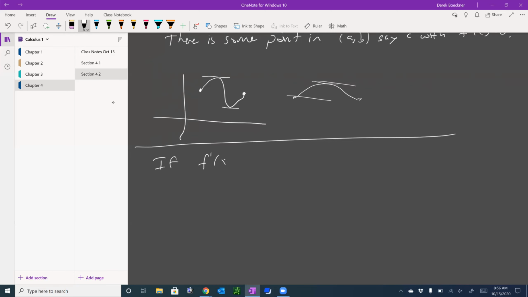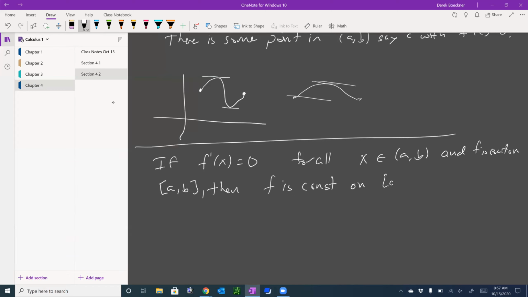If f prime at x equals 0 for all x in (A, B), and f is continuous on [A, B], then f is constant on [A, B]. Okay, proof.